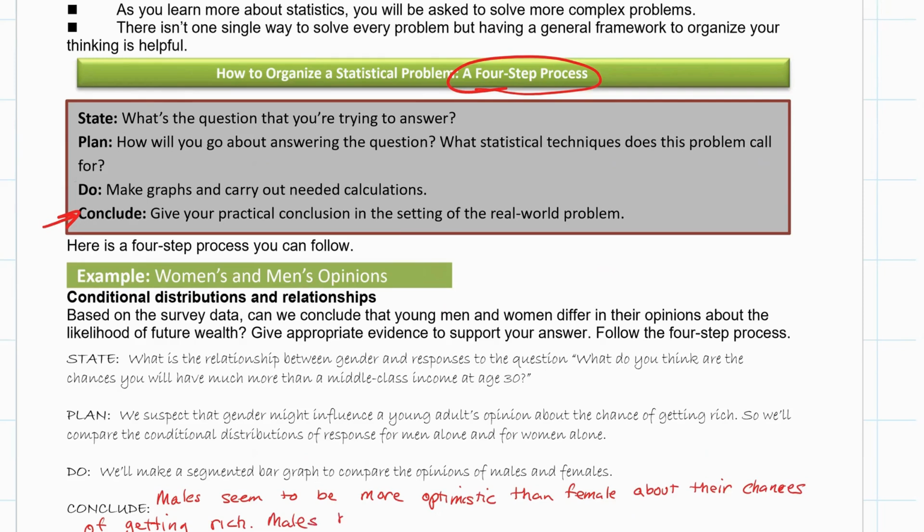Males have higher percentages in the two most optimistic categories.